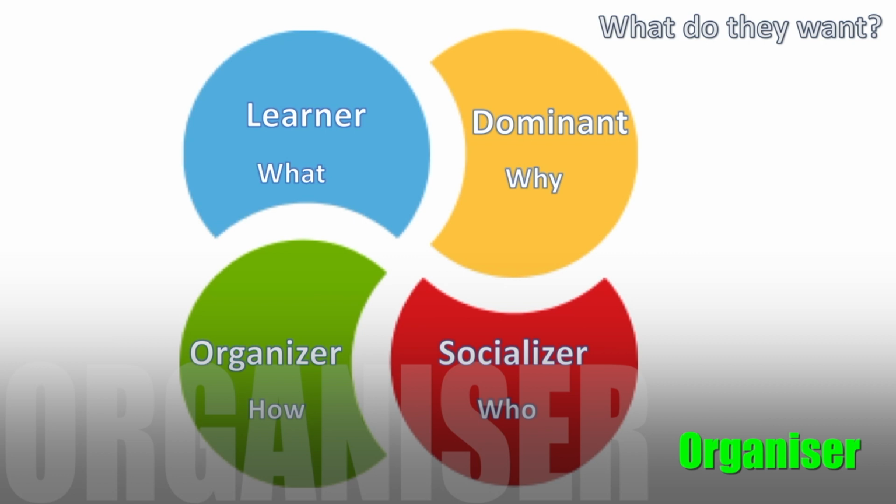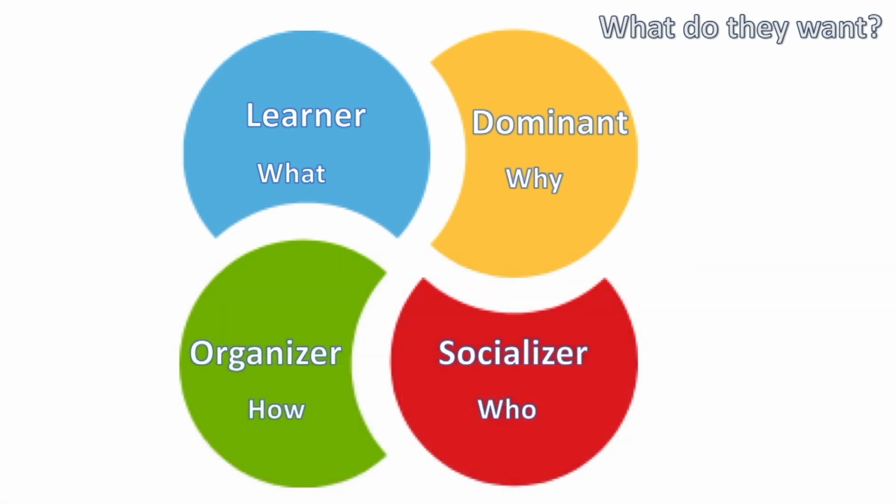When we have a look at an organizer and we want to know what they want, they want to know how everything works. In other words, you need to describe to them in absolute crystal clear detail, showing them systems, methods, processes, exactly how things are going to work, how one thing's going to happen. They love next steps.